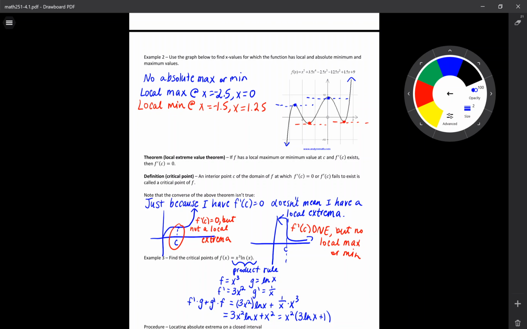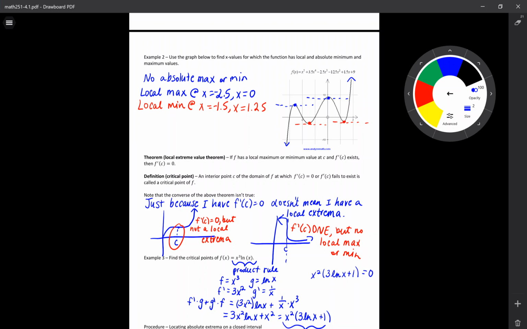No, there's nowhere that this derivative does not exist. So I don't have to worry about that part. All I need to worry about for my critical points here is finding where our derivative is equal to 0. So I'm going to set this expression here equal to 0. So I get x squared times 3 natural log of x plus 1 equals 0.